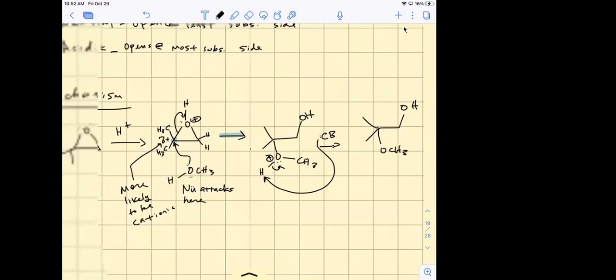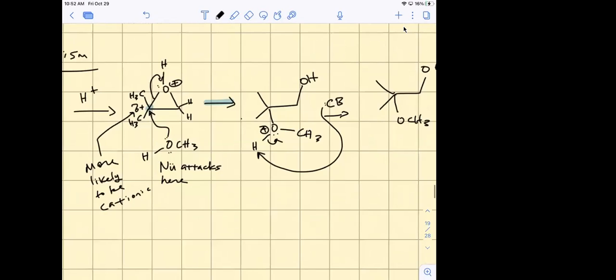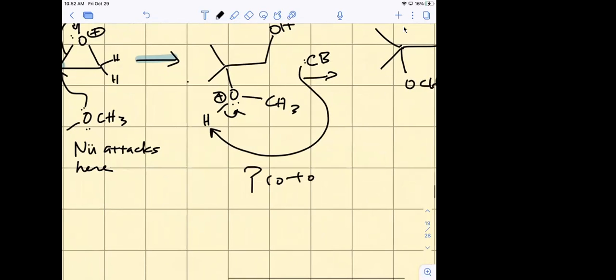Right, but the key is that under acidic conditions, you're going to activate that most substituted side. It's going to be more activated.